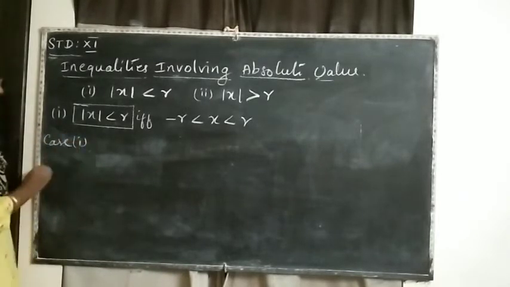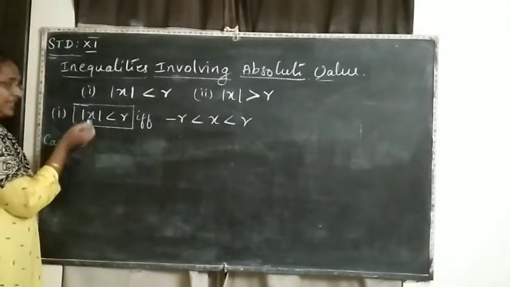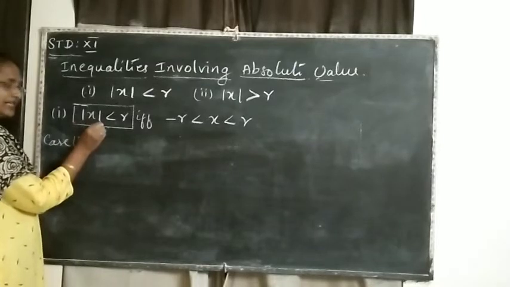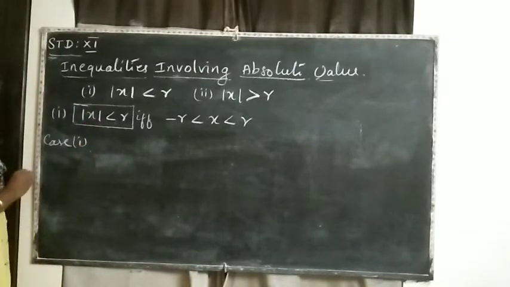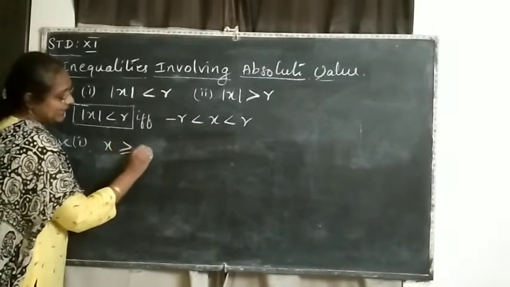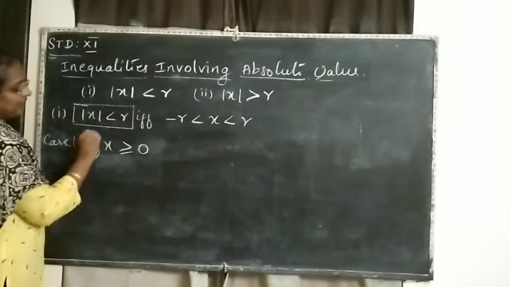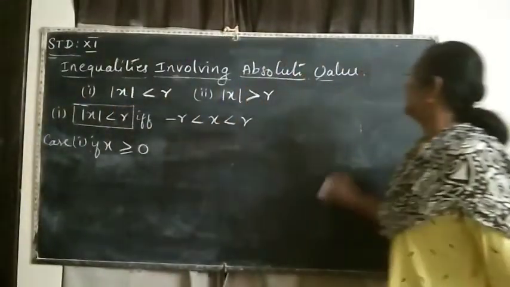Case 1ல modulus of x is less than r இருந்துச்சு இல்லையா? இப்போ modulus வேல்யூவில் நம்ம வெறும் x ஓட வேல்யூவை டிஸ்கஸ் பண்ண போகிறோம். அதாவது if x is greater than or equal to 0. நம்ம ஆல்ரெடி நம்பர் லைனில் பார்த்தோம்.